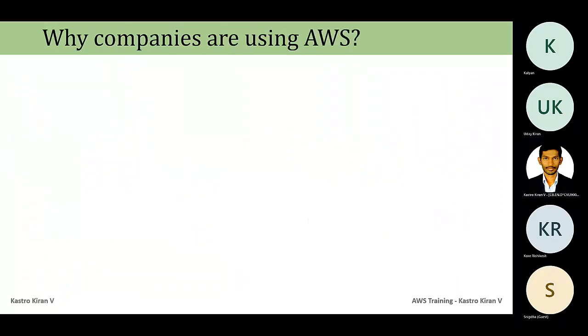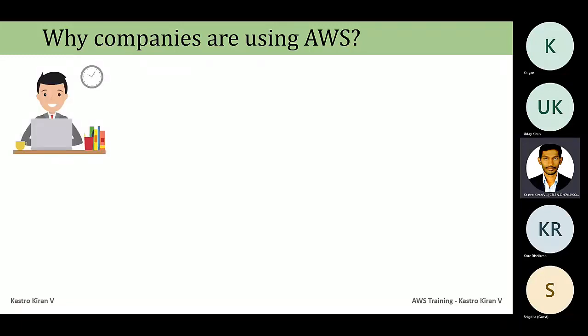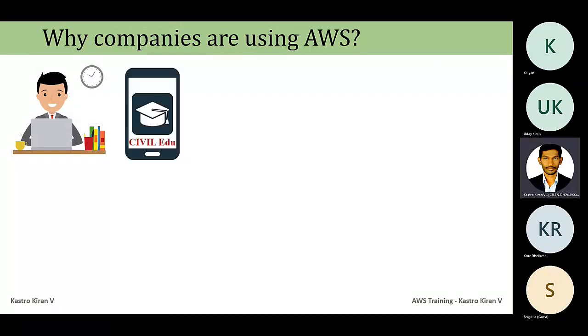Then the question is why these companies are using AWS. Is it just because AWS can store a huge amount of data? No, that is one of the reasons, but not the only one. Let us understand. Suppose you want to launch an app or a website, say an app called Civil Legal.